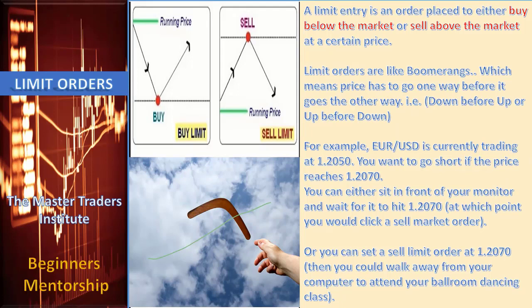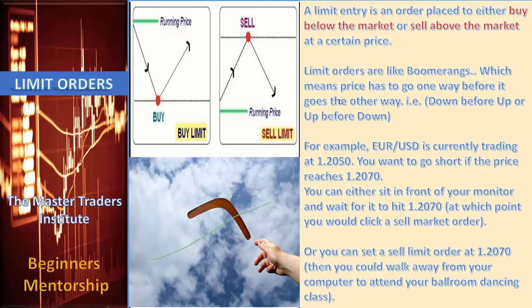If it comes down to 1.2080, your loss is reducing now. As it is coming down, your loss is reducing. Once it goes down and passes 1.2070, you are now in profit. I hope it's understandable now. Yes. So you are entered at the price you set, the price you wanted it to get to before it starts selling. That's the price you are entered at. Okay. All right. Thank you. You're welcome.